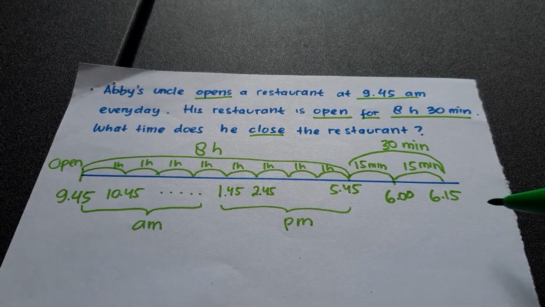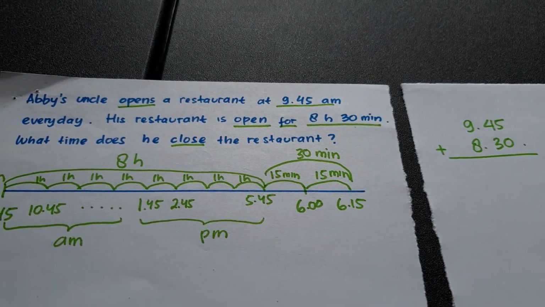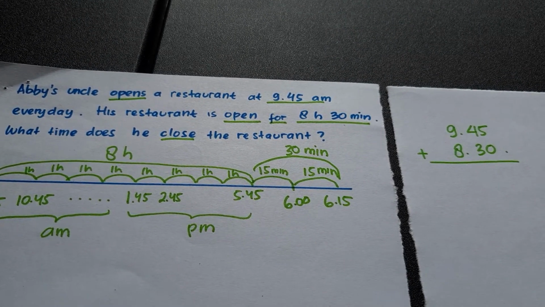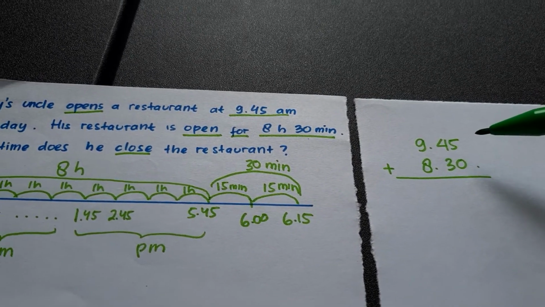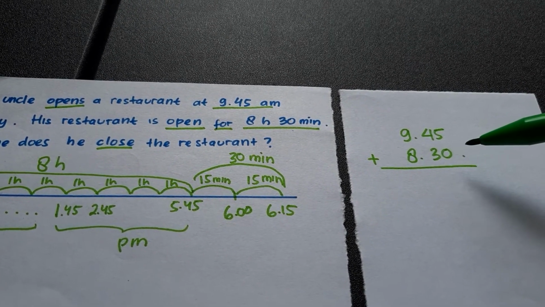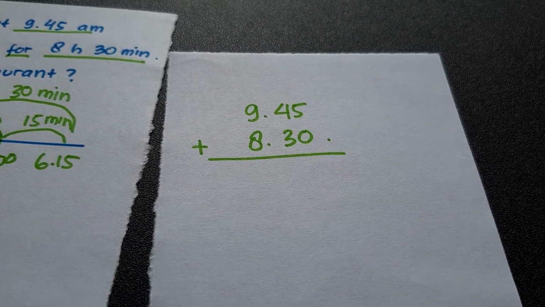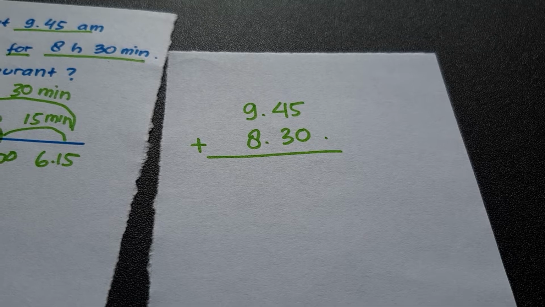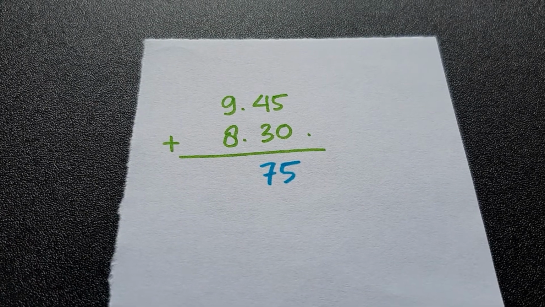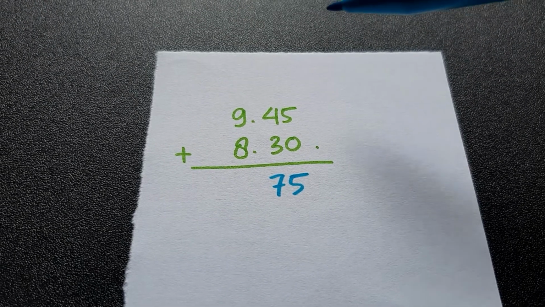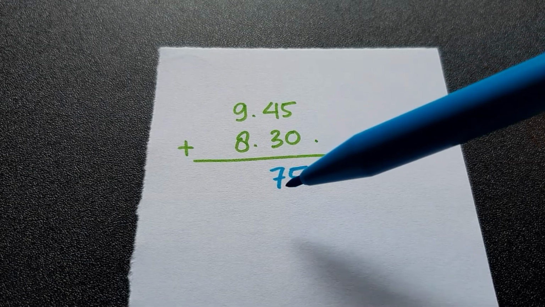Now let's do the counting way. In the counting way, we have to use addition because it opens at 9:45 and it opens for 8 hours and 30 minutes. So what do we have to do? First, we add minutes with minutes only. 45 plus 30. 5 plus 0 is 5. 4 plus 3 is 7.